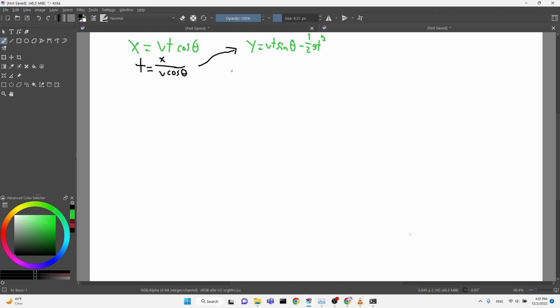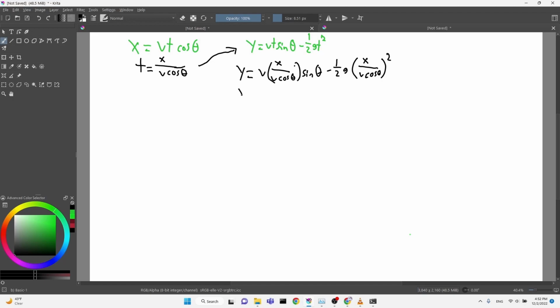This might look a bit ugly, but you'll have y equals v times x over v cosine theta, and then times sine theta still, minus half g, and then we substitute again x over v cosine theta, but then we have to square that.